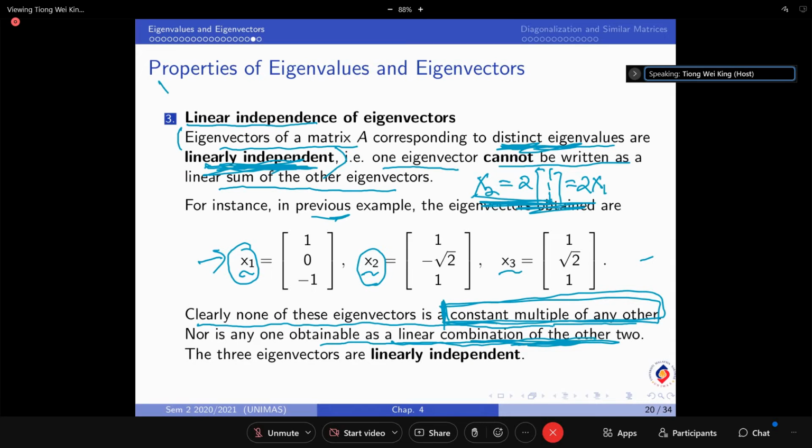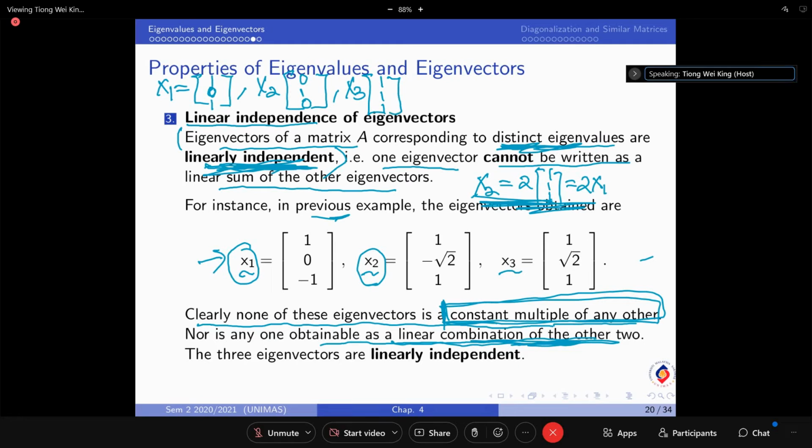Let's say x1 is 1, 0, 1. This is one eigenvector. Another eigenvector is 0, 1, 0, and another eigenvector is 1, 1, 1.